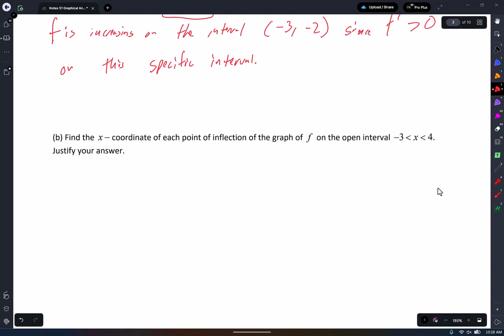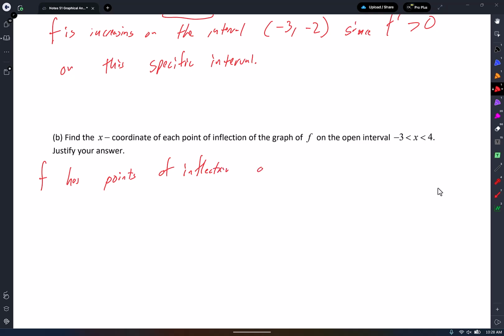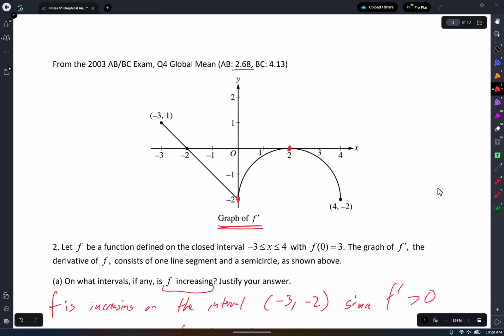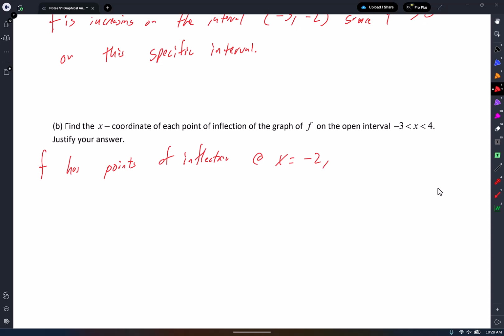So make sure to write f has points of inflection at x equals negative 2, 0, and 2. I read a graph left to right, so put the negative 2 first.